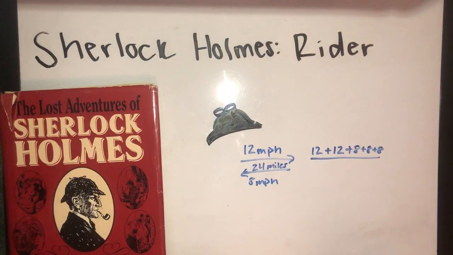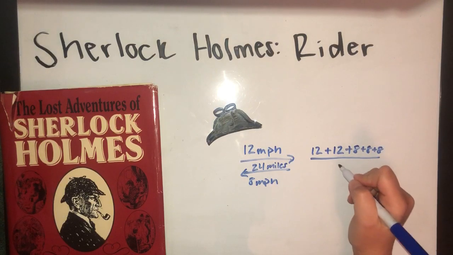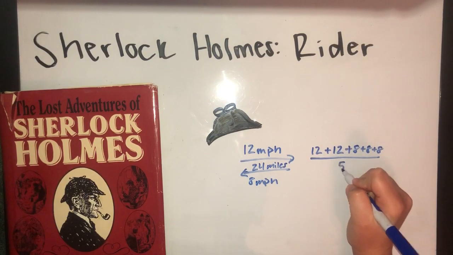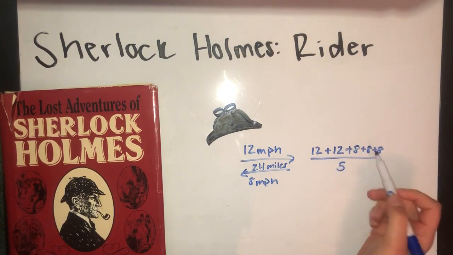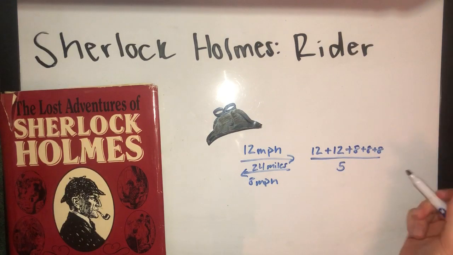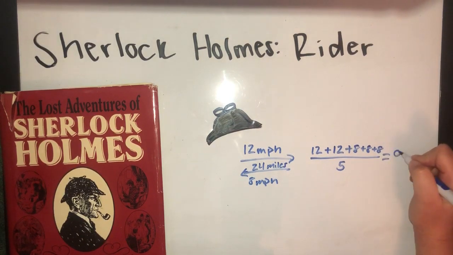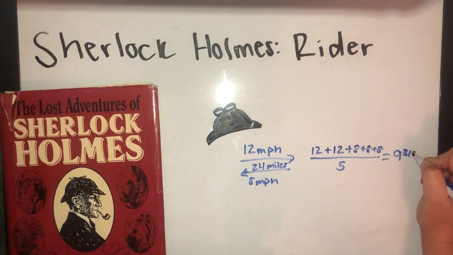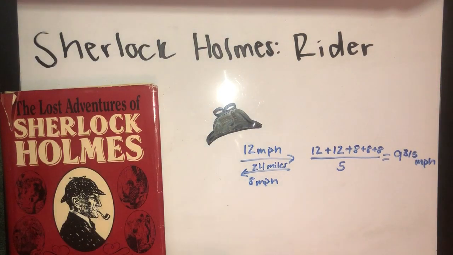Now, instead of having a 10 mile per hour average, because we took 12 plus 8 and divided it by 2, this time we divide by 5, because it's a 5-hour journey. In the end, this gives us the total of 9 3/5 miles per hour as the average.